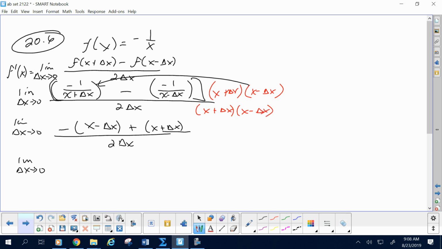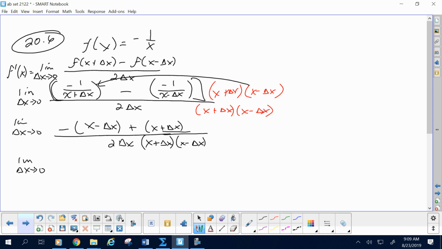So it looks like the x's will drop away, negative x plus x. The delta x's do not drop away. I get 2. Sorry, I lost this. I was thinking this is not going to come out right. It's nice to have another way to get the derivative to check the answer. All right, sorry about that. So the numerator, the x's drop away.